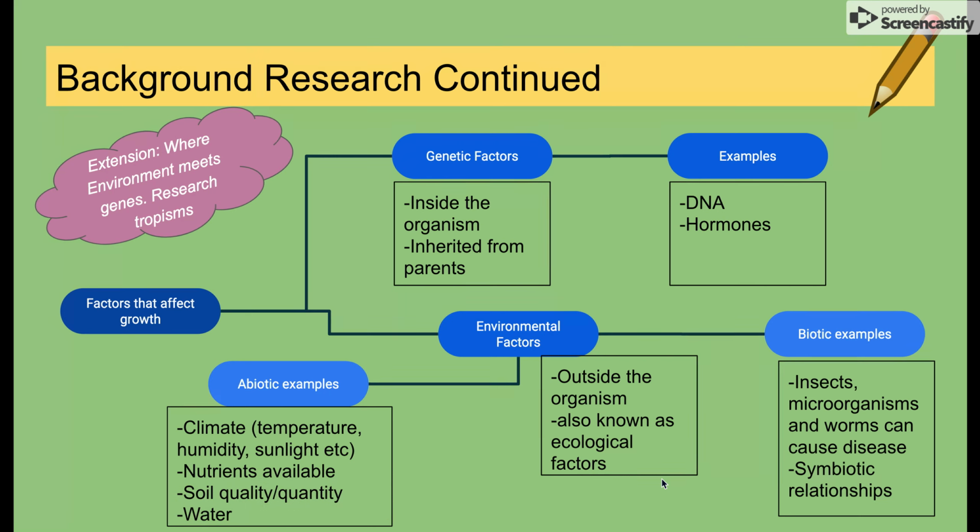If there is sandy soil versus clay soil versus rich, organic, dark, black soil, it all makes a difference as to how well the plant is going to grow. And lastly, we have how much water there is. The amount of water available to the organism, whether it's not enough or too much, can affect the growth as well.